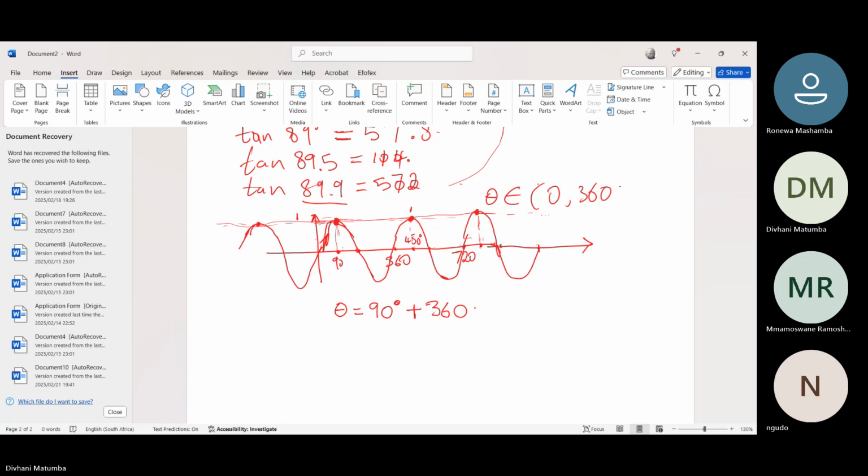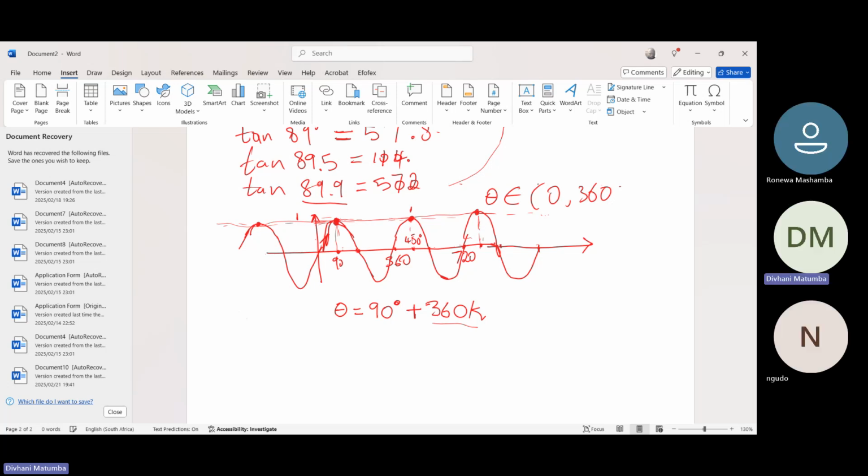360. If we're generalizing it, we're gonna put a K. The reason why I'm putting a K is because, okay, how many steps from this point to that one? Isn't it 720?